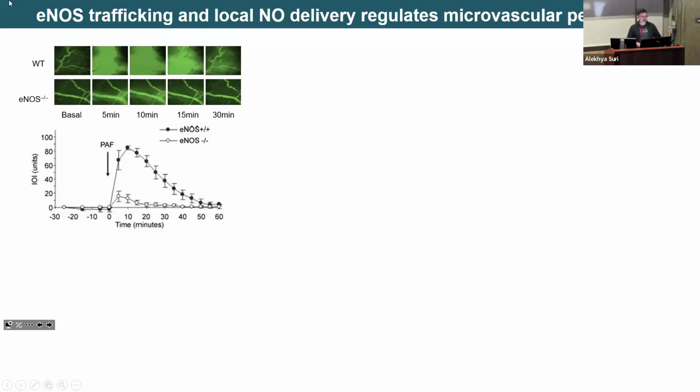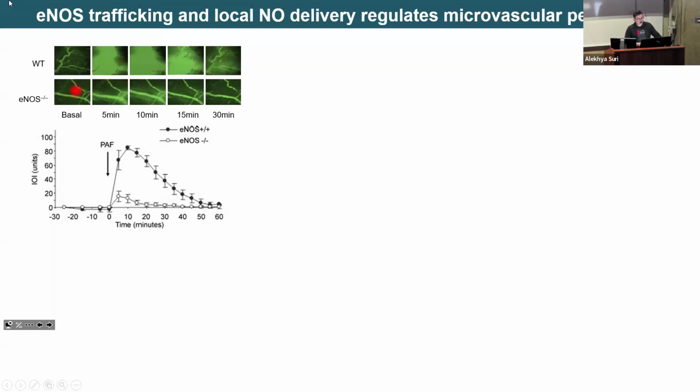In that case, if I remember correctly, it is PAF, platelet activating factor. And as you can see in the wild type mouse, PAF increases leakage significantly, and over time that leakage basically decreases. The signal decreases for several different reasons: in part because the barrier over time gets restored, in part because the lymphatic system picks up the fluorescent molecule and takes it away.